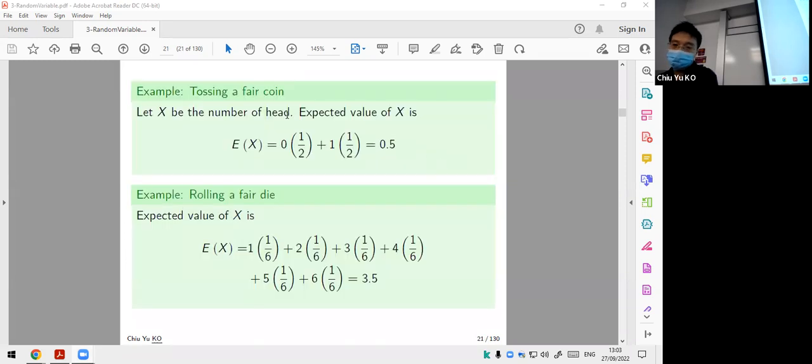Just a simple example: you flip a coin once. Number of heads, and just to remind you of the table, X has 2 values, 0 or 1. P of X is 1/2, 1/2. So this is how you get it: 0 times 1/2 plus 1 times 1/2.